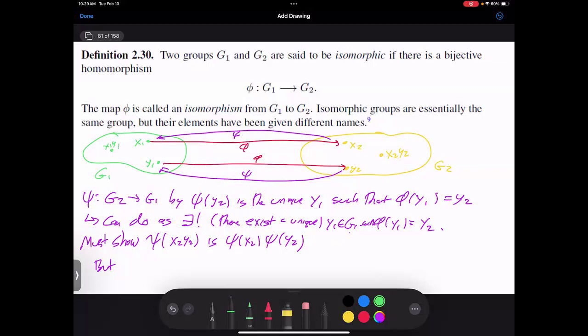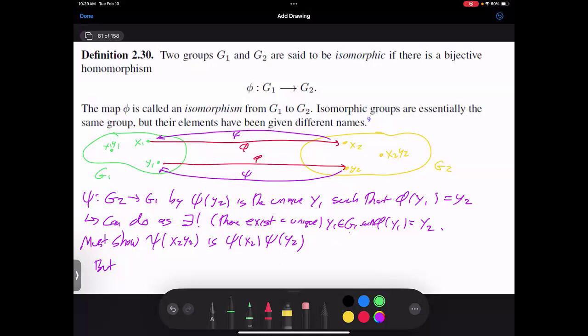So you are using one of my favorite proof techniques, the method of divine inspiration. Let me just try x1, y1 as the element that goes to x2, y2. If it works, wonderful. What's the problem with trying to prove things by divine inspiration? It doesn't always work. You're not always divinely inspired.